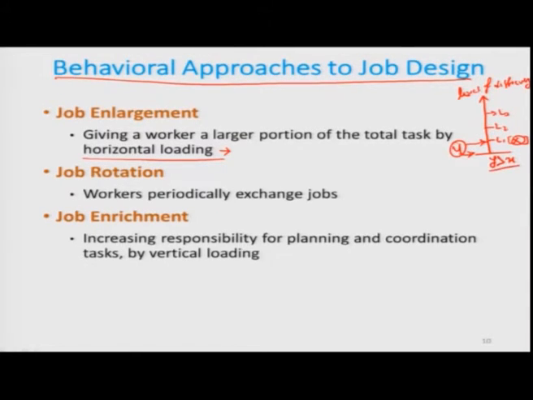Then he is getting more workload while the difficulty level is the same.